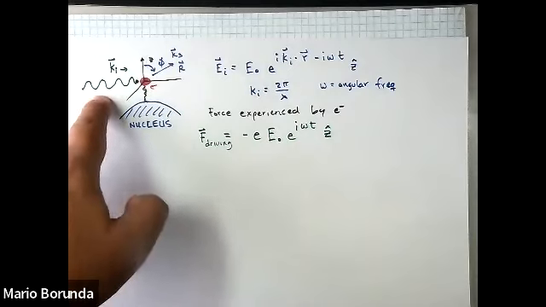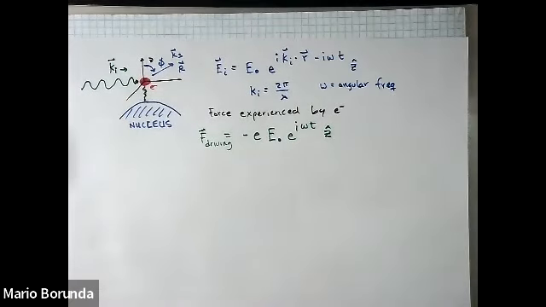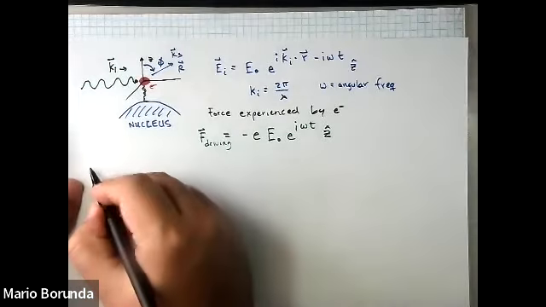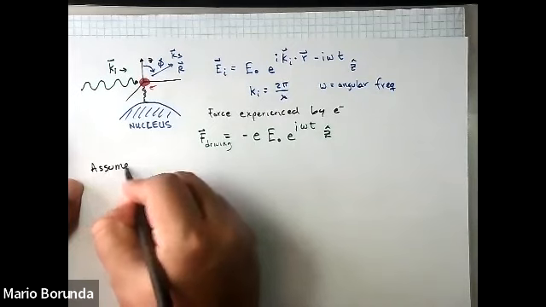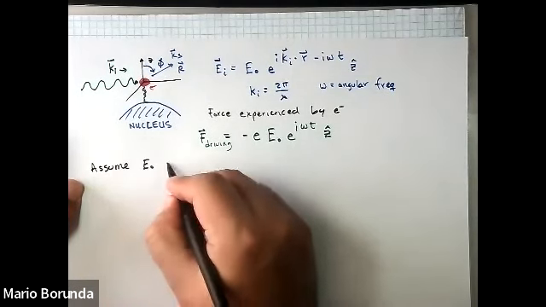We're going to assume that it's a periodic function of time. You can think of that as a sinusoidal wave, right? This electromagnetic wave is sinusoidal, so it's periodic with time. And this is what is driving the electron. And we're going to assume that the electromagnetic radiation is weak.